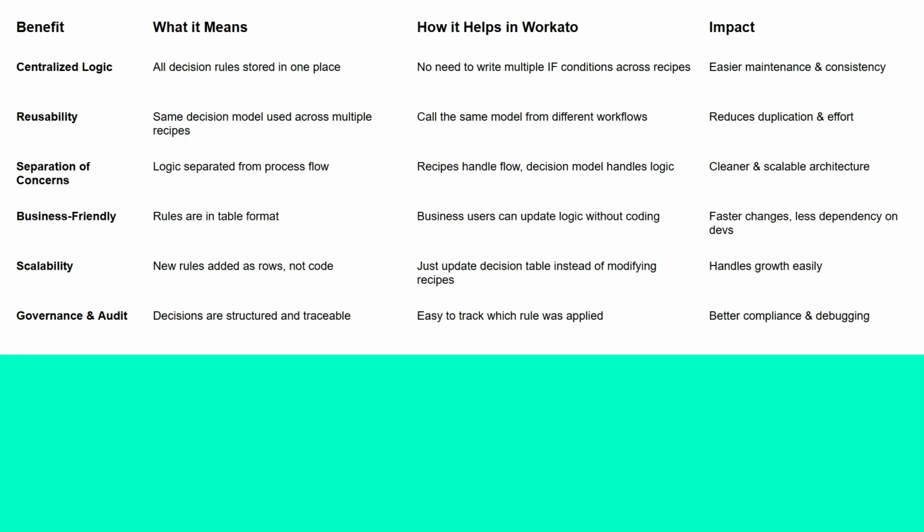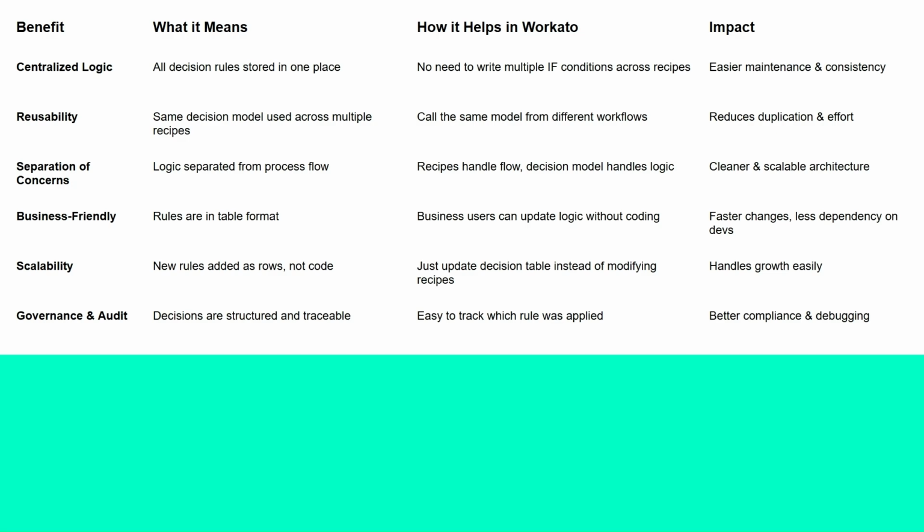You prepare separate decision models for yourself to make your vision clear. That's how it comes into the picture in Workato as well. Now, how do decision models differ from condition logic?